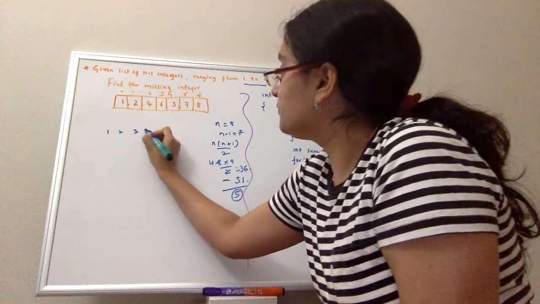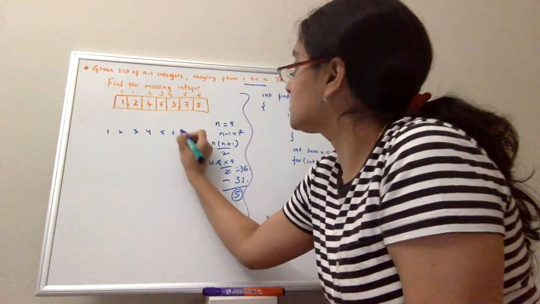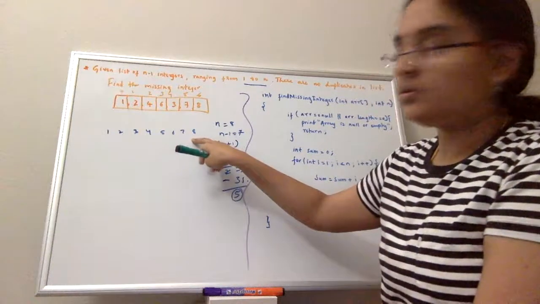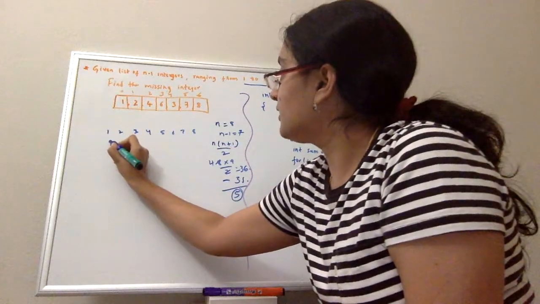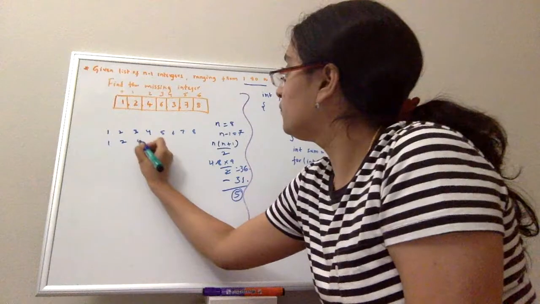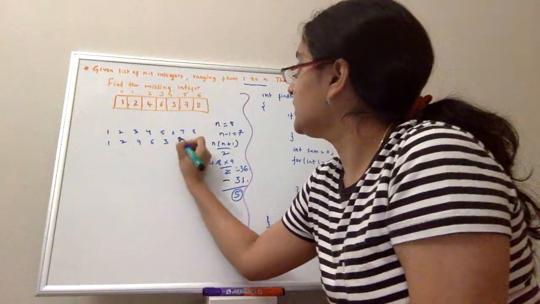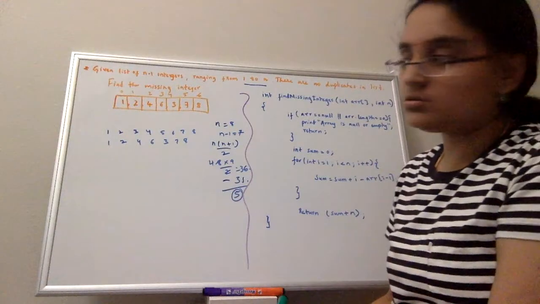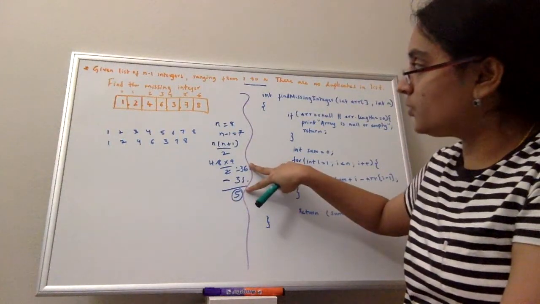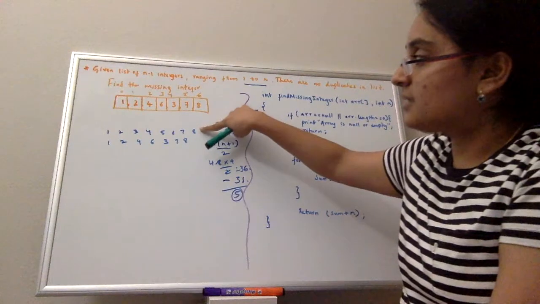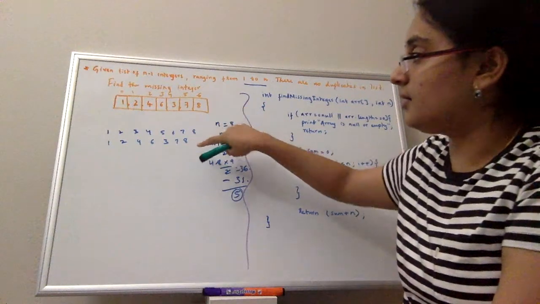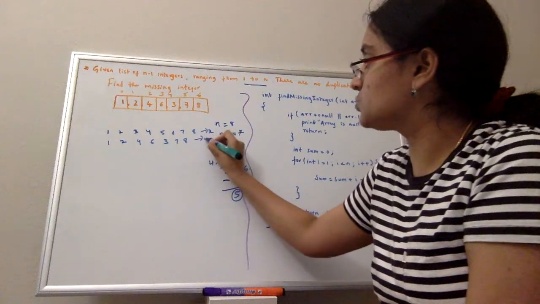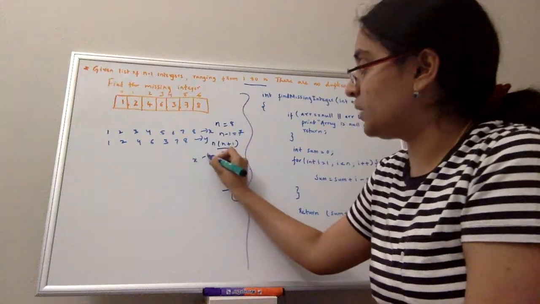1, 2, 3, 4, 5, 6, 7, 8. So we know this is 1 to n, and this is our array: 1, 2, 4, 6, 3, 7, 8. So this is my array. All I was trying to do here is take the sum of this, say the sum of this is x and the sum of this is y, and do x minus y.